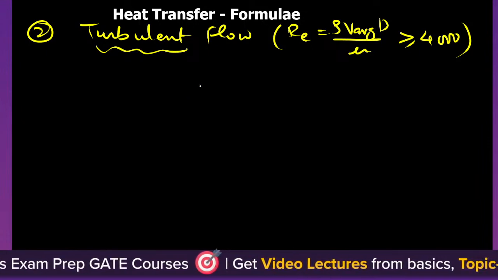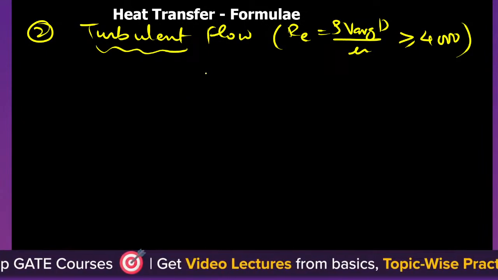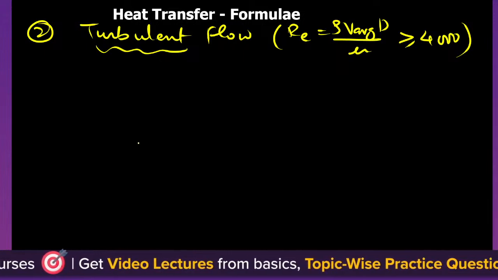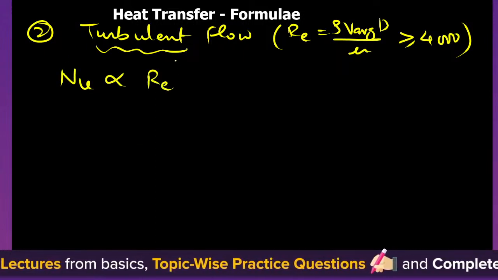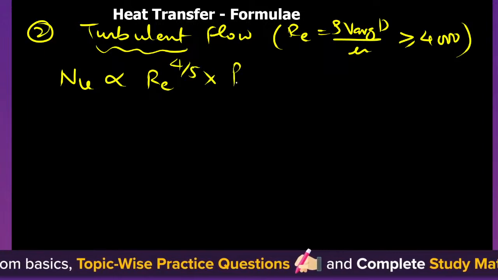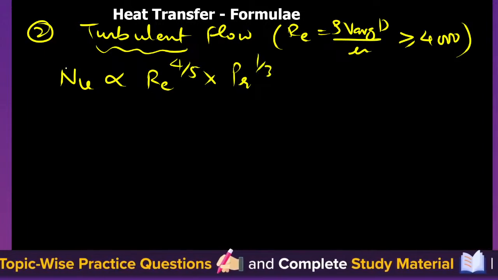And if the pipe is not circular, then we use the hydraulic diameter. So for this, the Nusselt number is directly proportional to, again, Reynolds number to the power 4 by 5 into Prandtl number to the power 1 by 3.